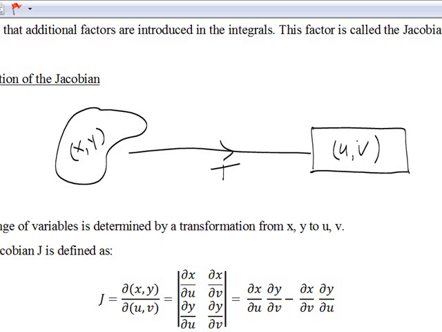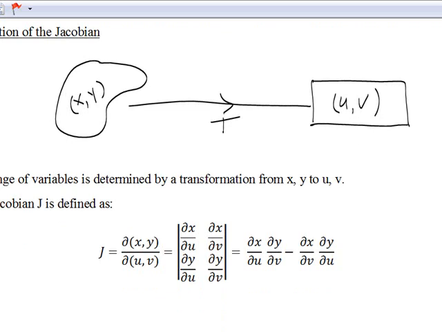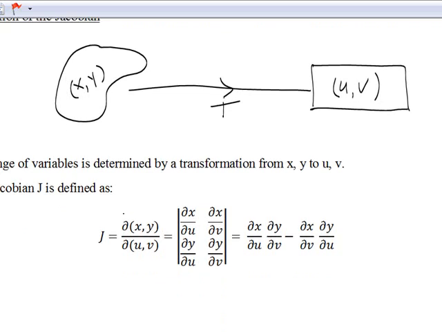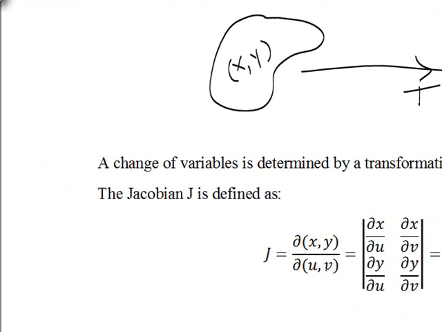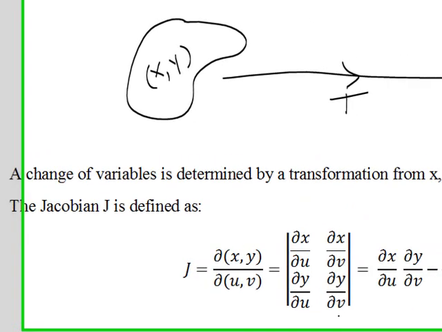Now this is the definition of the Jacobian. It is denoted by J, and it's del xy over del uv. That is the definition. And how do you find it? You use determinants. So you find the partials and you find the determinants. So it's partial x, partial u, partial x, partial v, partial y, partial u, partial y, partial v.